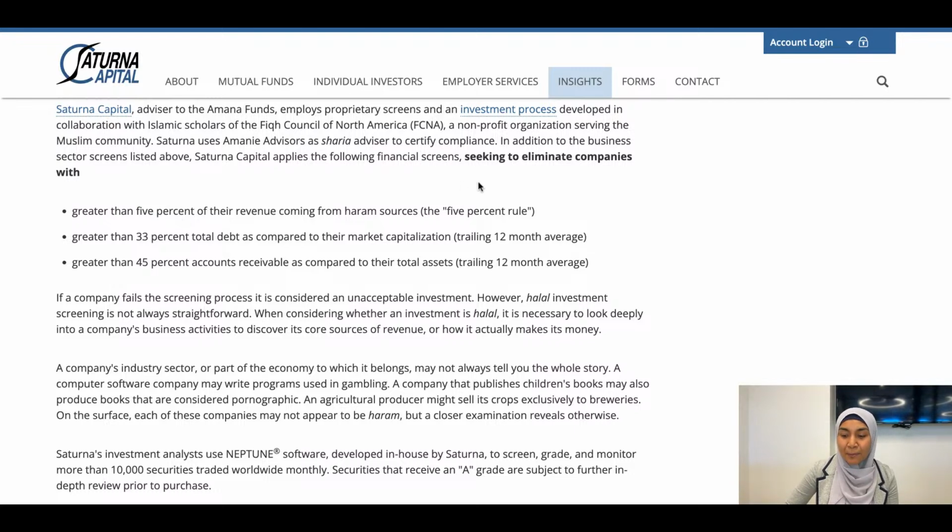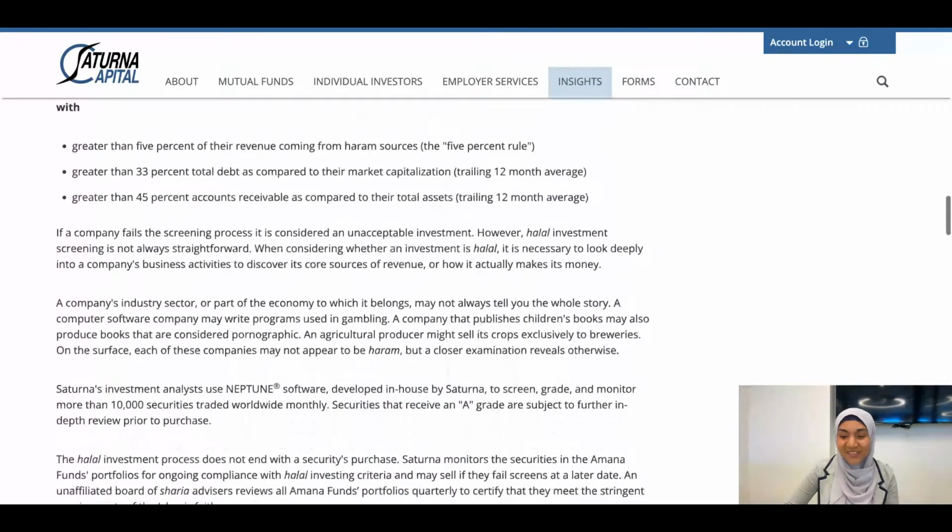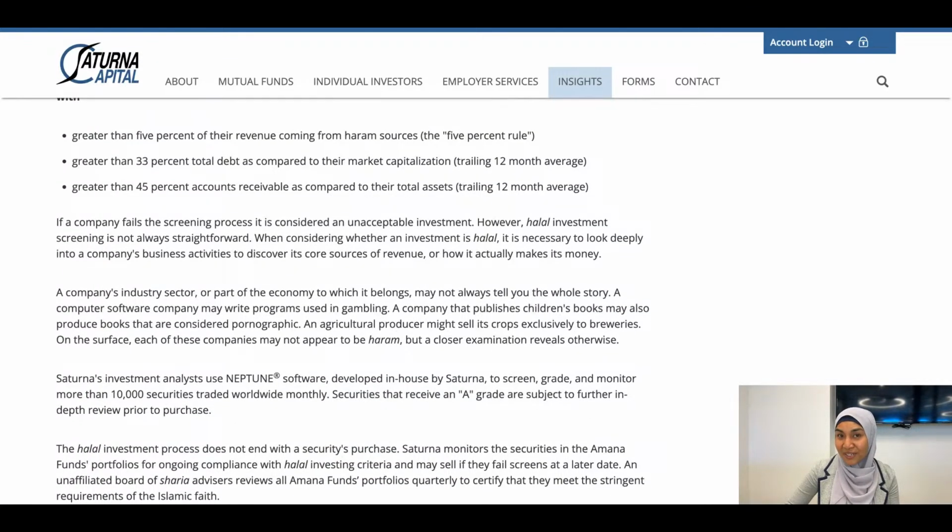Then this would be considered okay. Again, halal investing is a whole degree. People who filter through these companies will do a proper degree to really understand the ins and outs. So it's not really for the everyday person, unless you are serious about it, then you can study it for yourself.